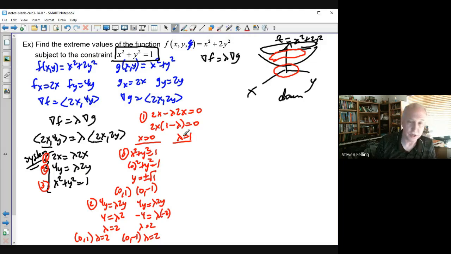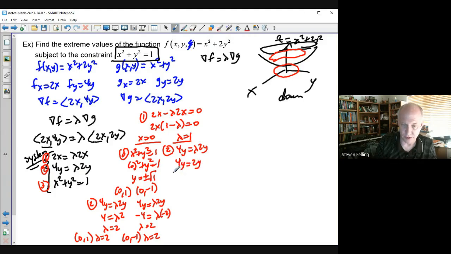then let's switch to equation 2, because lambda is also a part of equation 2. This came from equation 1. So if I use equation 2 here, 4y equals lambda 2y, and then I plug in 1 for lambda, I would get 4y equals 2y.